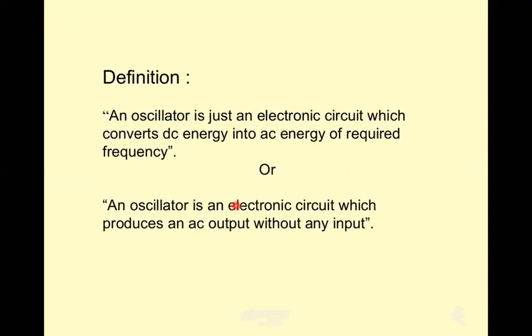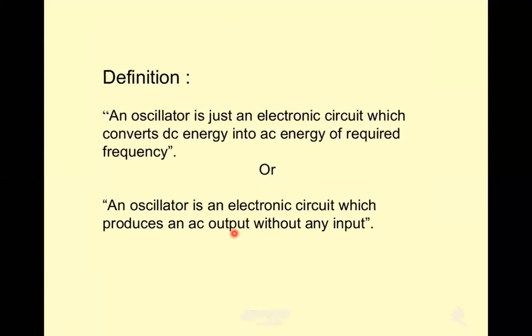We can also define the same oscillator as an electronic circuit which produces an AC output without an input. So without giving any input to the particular circuit, we can have an AC output. Only with respect to the feedback, we can have another circuit where the input is not given to the amplifier, and we can see that the oscillation comes at the output level.